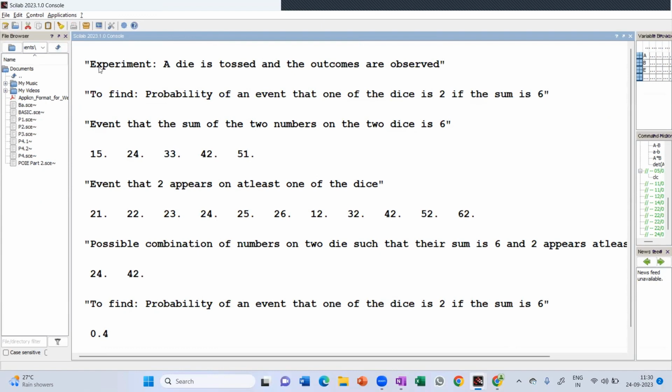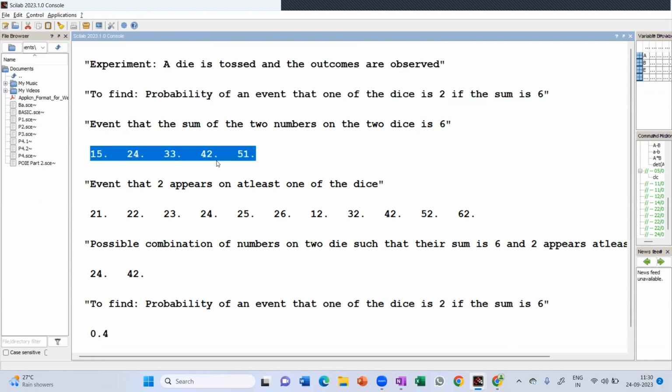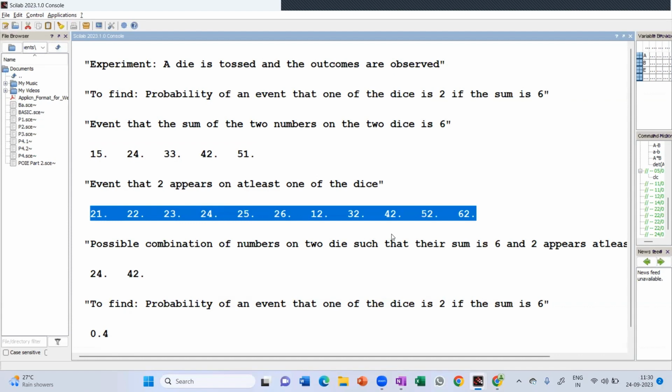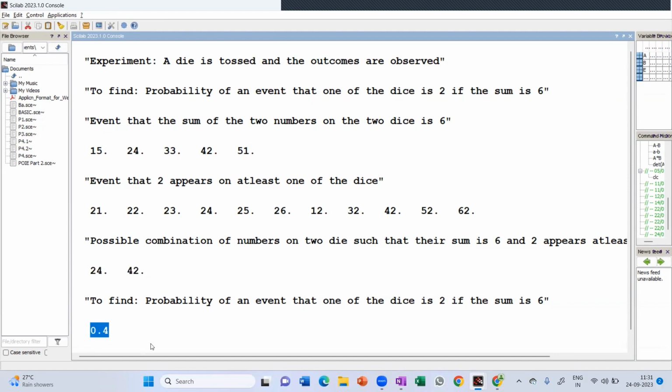The 2 display lines that we had written at the top have been displayed over here. Then I'm displaying one of the events, that the sum of the 2 numbers on the dice is 6. So in this case you will get 6, and then 2 appears on any one of the dice. So these are the possibilities, and then I'm displaying the intersection, and the final answer is 6.